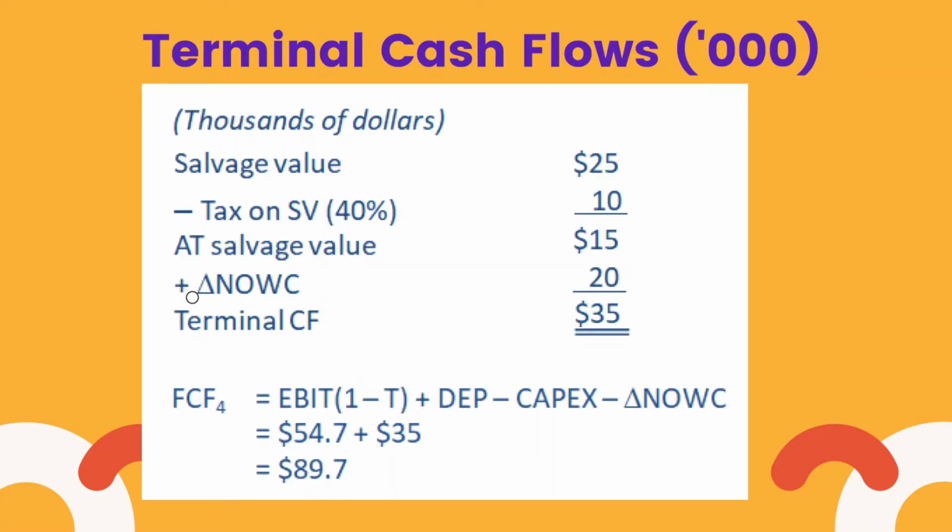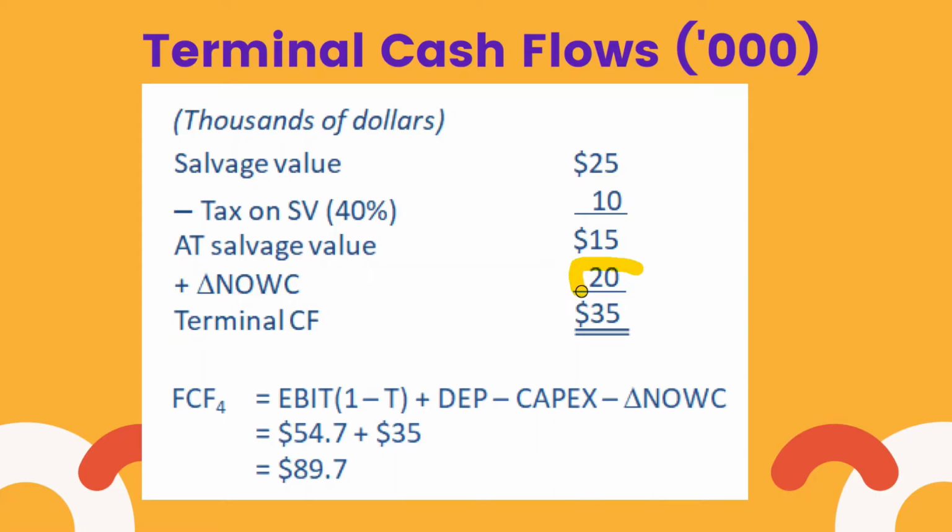But at the end of the projects, the last set of raw materials are used in the production process. They're gone. These raw materials turn into the finished product, and the company sells this finished product and collects cash back from the customers. So we assume that all the investment in operating working capital will be recovered at the end of the project. Everything is finished at the end of the project.